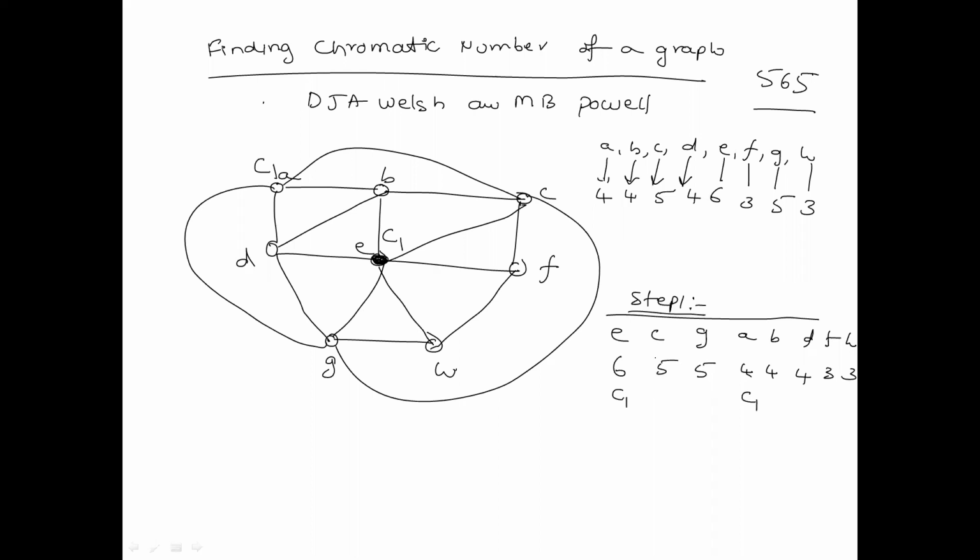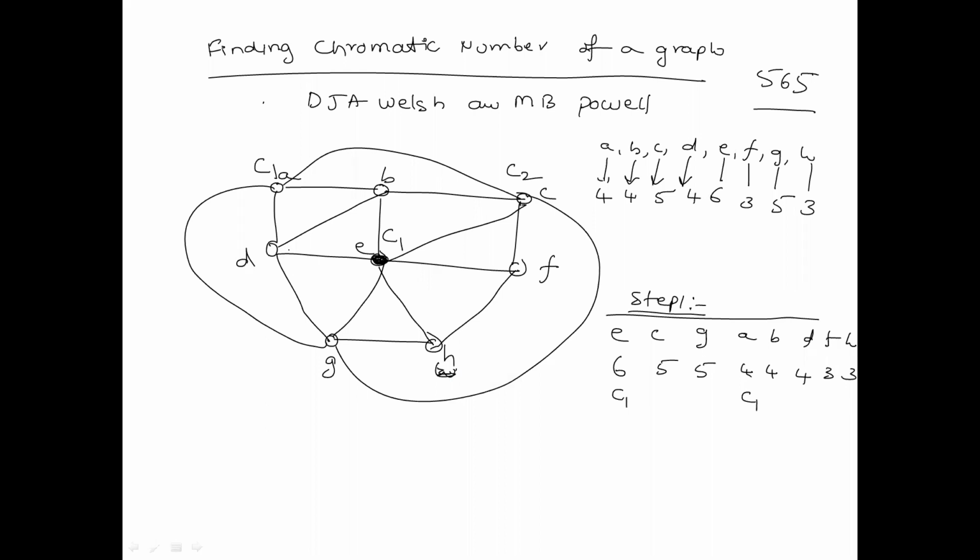Fine. Now, the next highest degree is 5, so you give the next color to C. Let us give the second color, C2. Listen carefully. Now you see which vertices are not adjacent to C. D is not adjacent, and H is not adjacent.